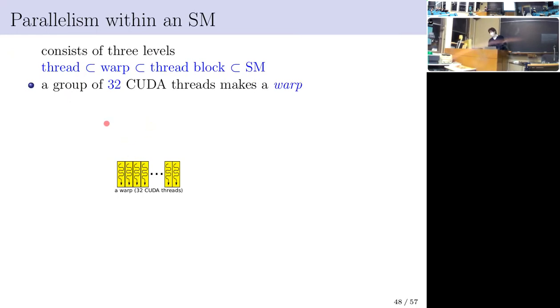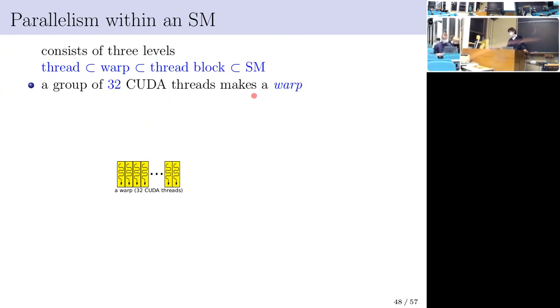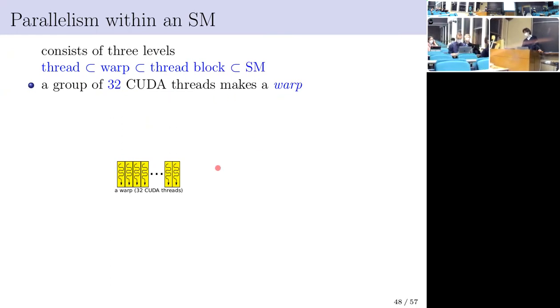A group of 32 threads makes something called a warp. A warp is always 32 threads, so there's no way you can change it. It is burned into the hardware.